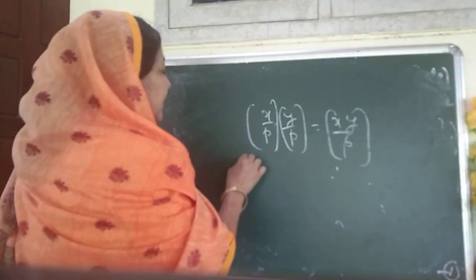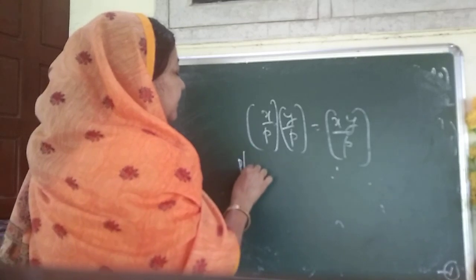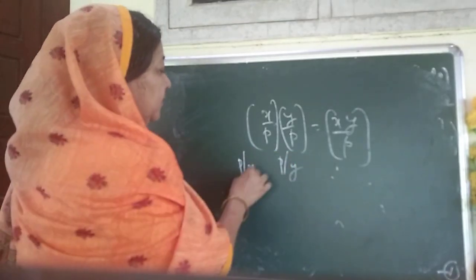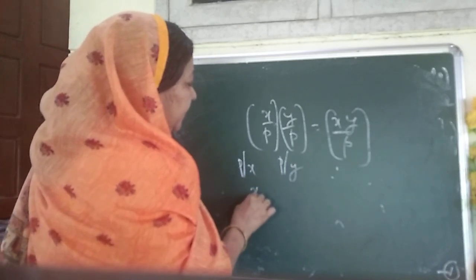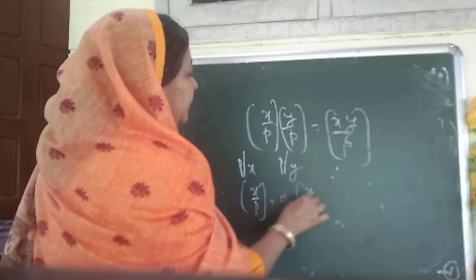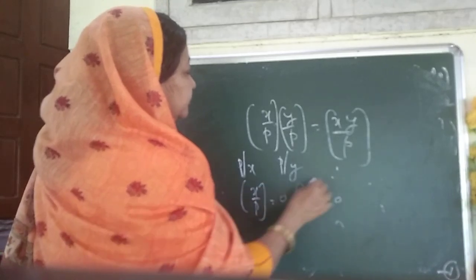First case is p divides x and p divides y. In this case, we know the Legendre symbol (x/p) equals 0 and (y/p) equals 0.